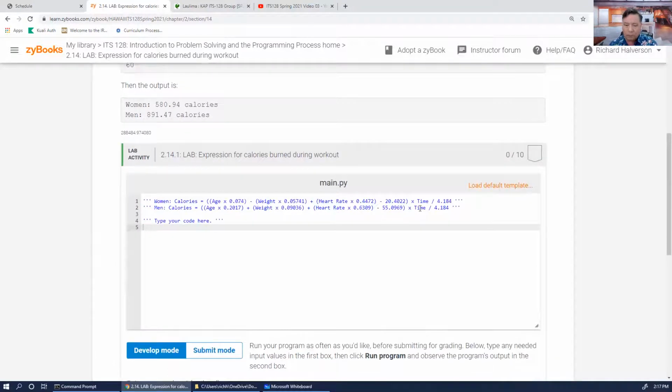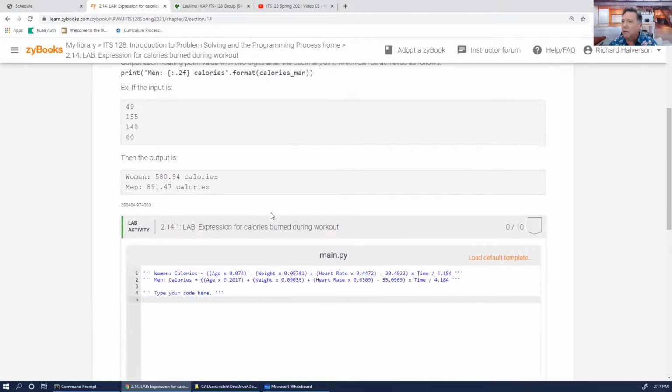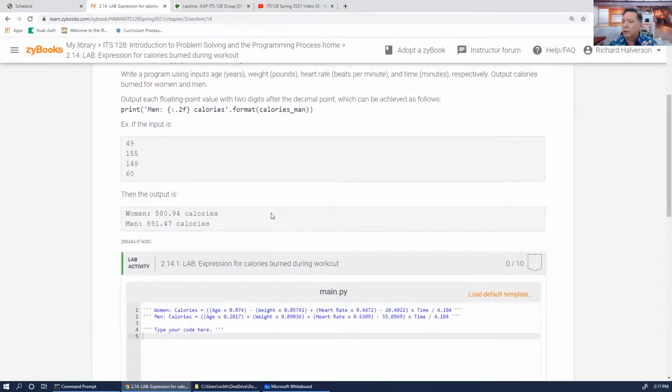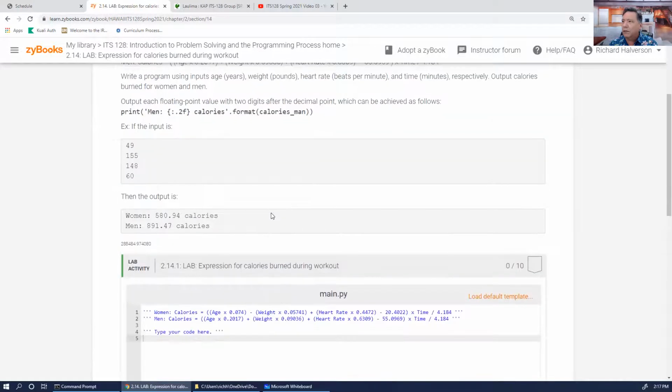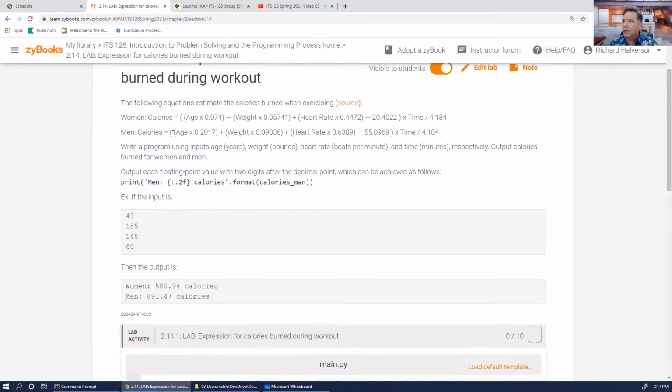Okay. So we have this equation. So we want to calculate what the men's calories is, calories man and calories woman.